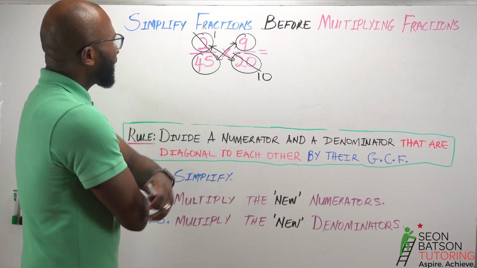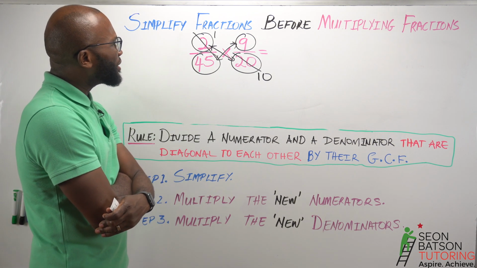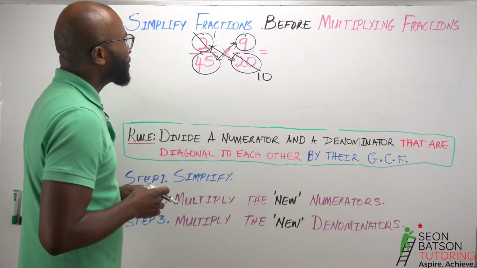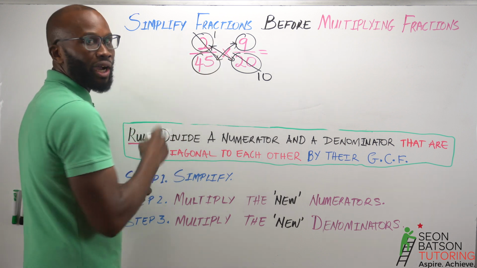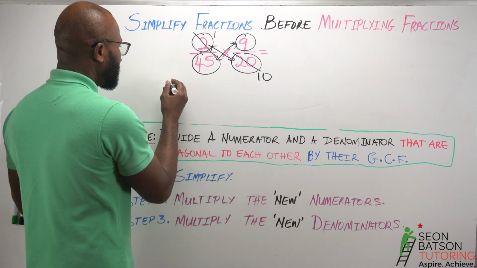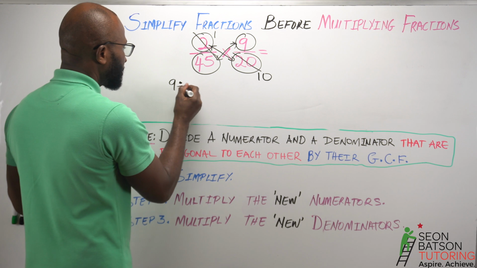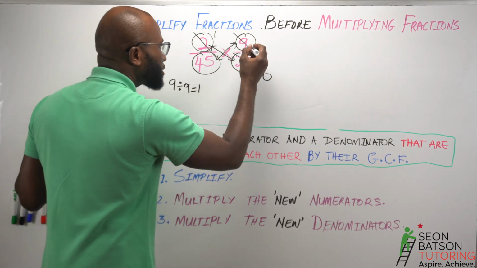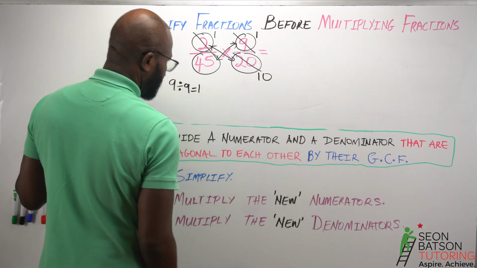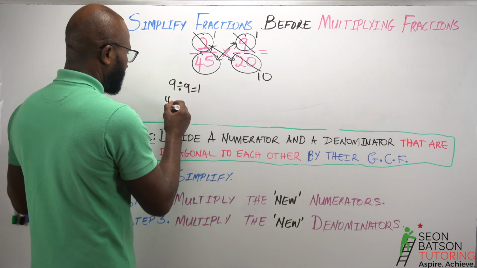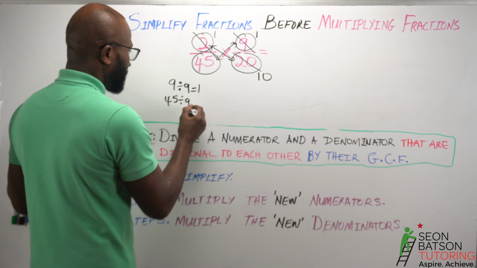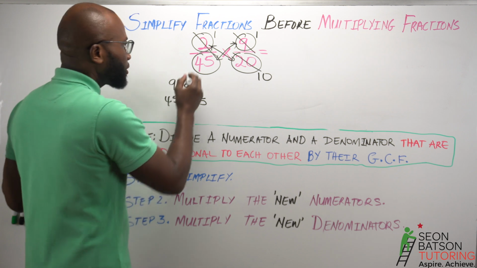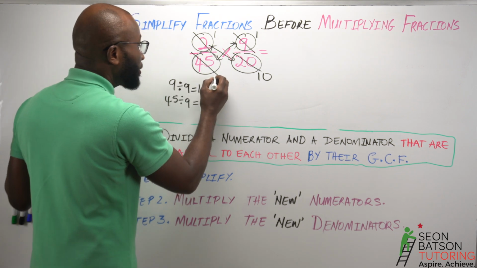The biggest number is 9. Therefore, 9 is the greatest common factor. So we will divide 9 by 9, and 9 divided by 9 is 1. So we will shrink this 9 to a 1. And then we will divide the 45 by 9. And 45 divided by 9 is 5. So we'll shrink 45 to a 5.